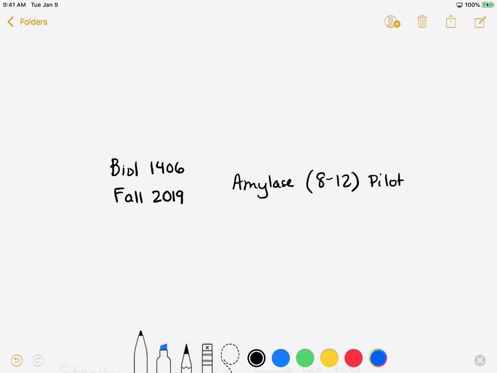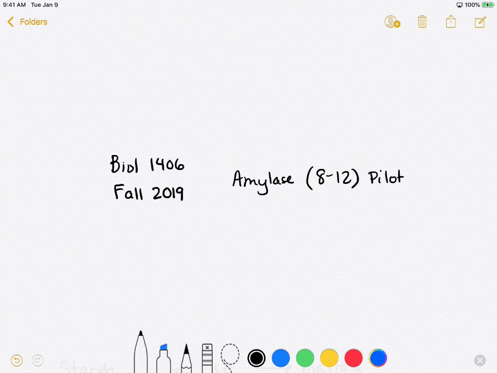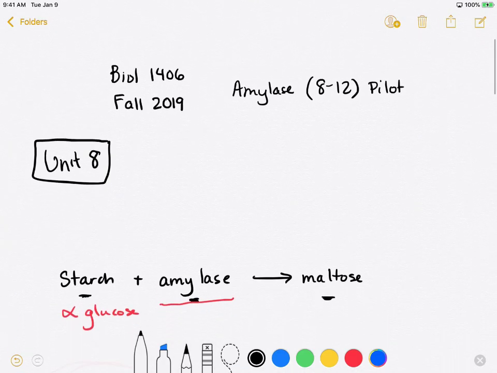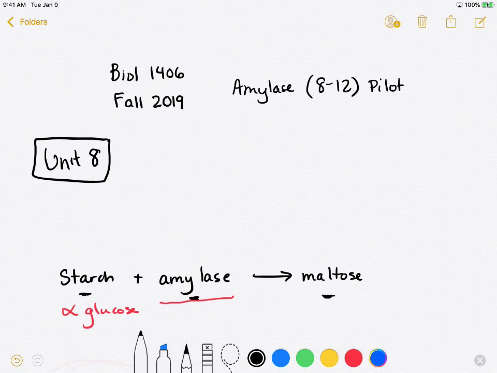As we begin, I want to start off by going back a little bit and thinking about what we did before Unit 8. So thinking about the previous units, the previous practical. Previously, we talked about this following reaction where we had starch, which was a carbohydrate or a polysaccharide made up of hundreds of alpha glucose monomers linked together.